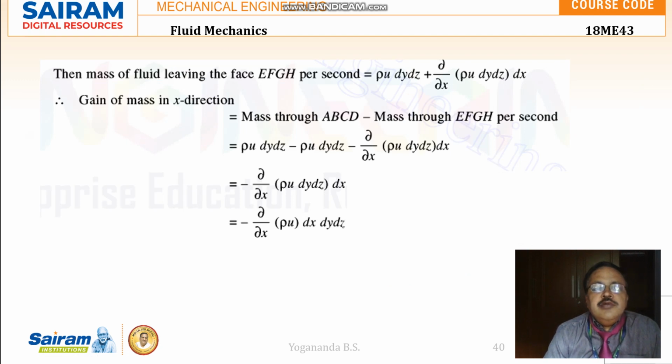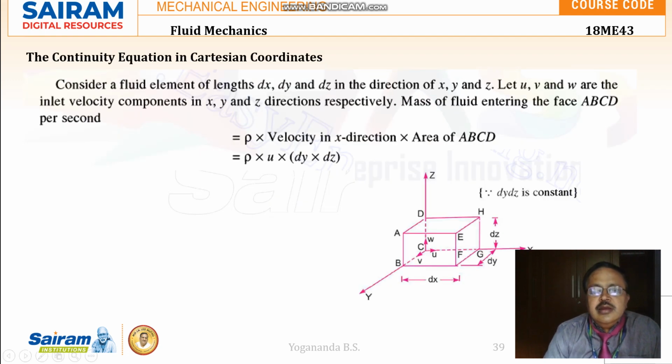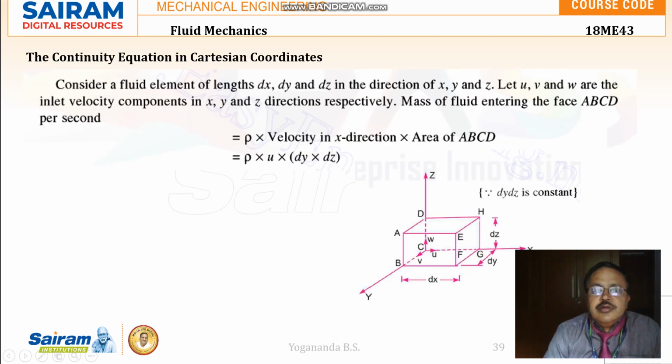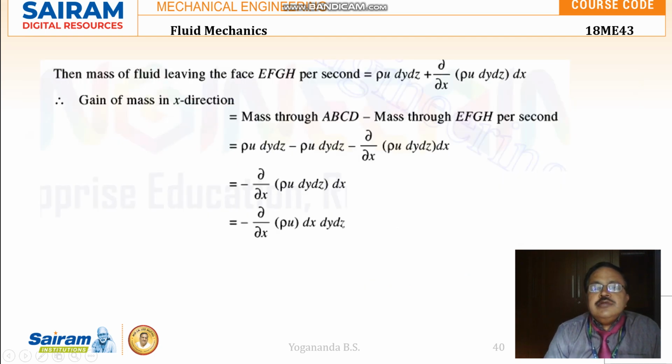Now the mass of the fluid leaving the opposite face, that is EFGH. Mass of the fluid leaving the face EFGH is rho u dy dz plus there is a gain in the mass, so del by del x of rho u dy dz into dx.